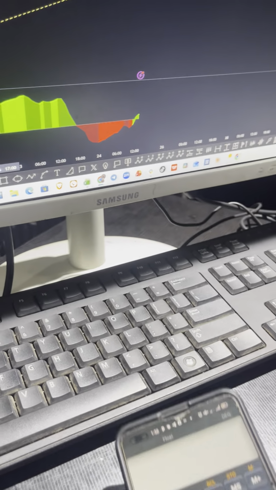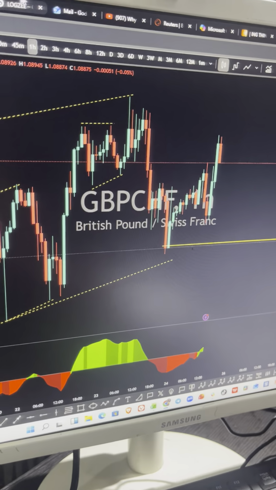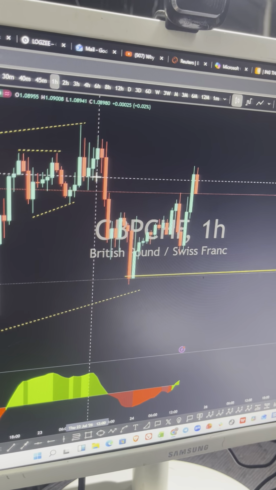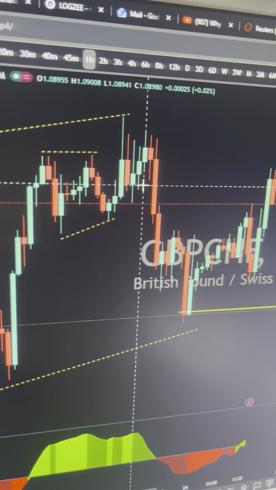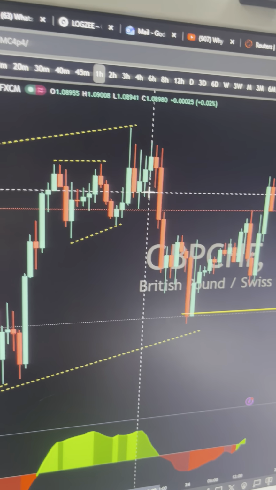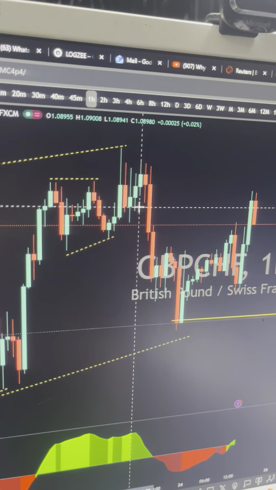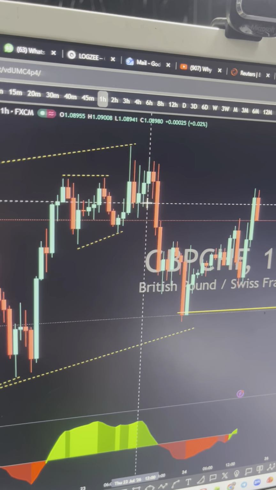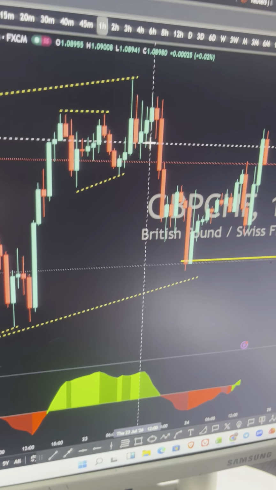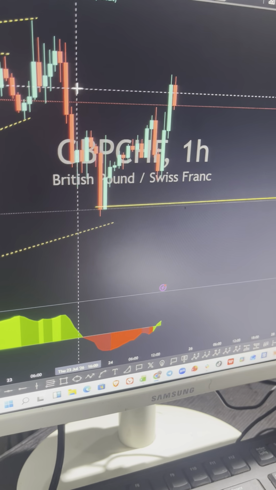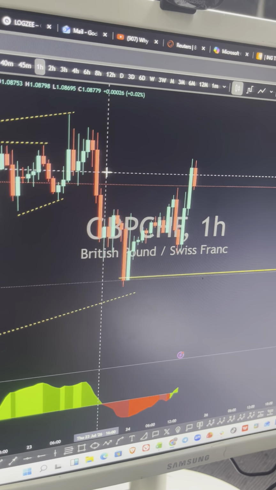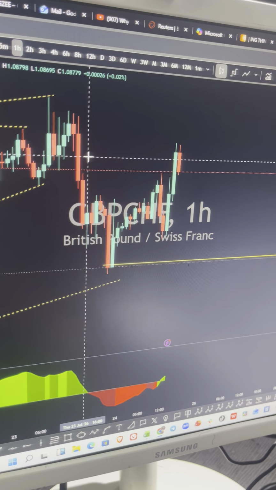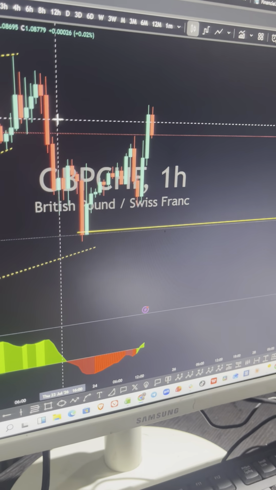So this is the scientific calculator now. What I do is I get the high of that move, which is 1.09008, plus the low of the move, which is 1.08695.